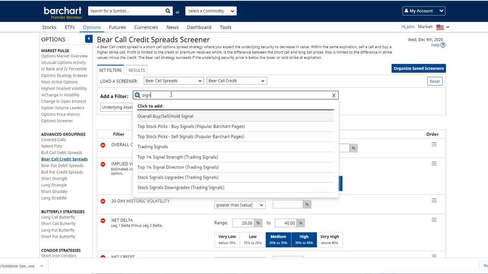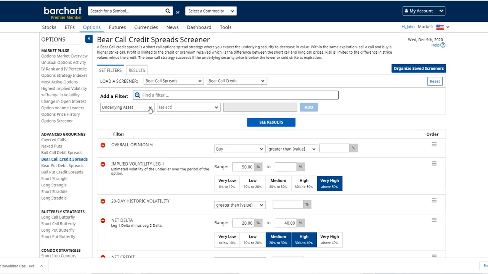So I can filter if I'm looking for stocks that have an overall buy signal, and that means it's taking all those 13 technical indicators and all 13 of them are agreeing that this is in a buy trend. Or you can actually choose stocks that appear on popular Barchart pages like the signal upgrades or signal downgrades.